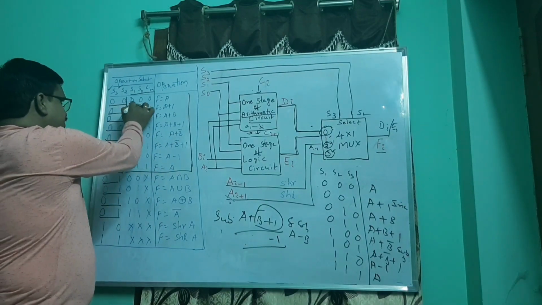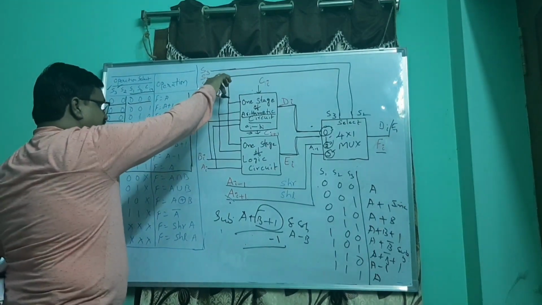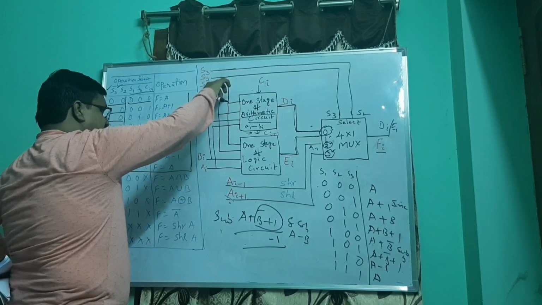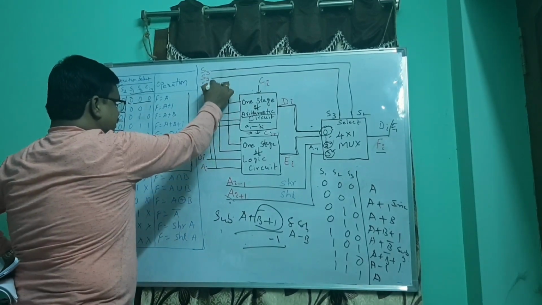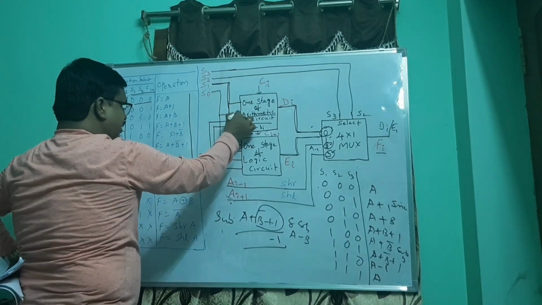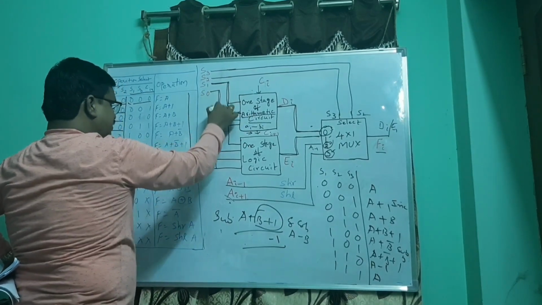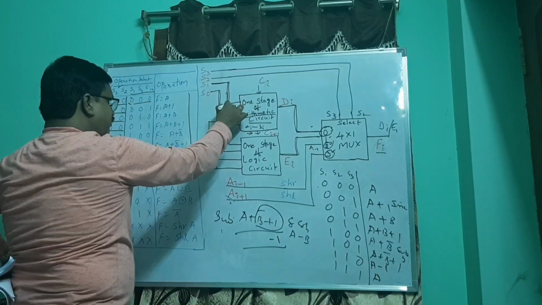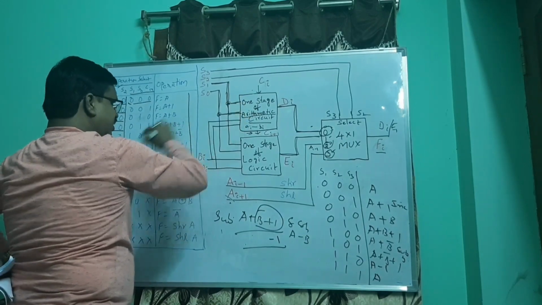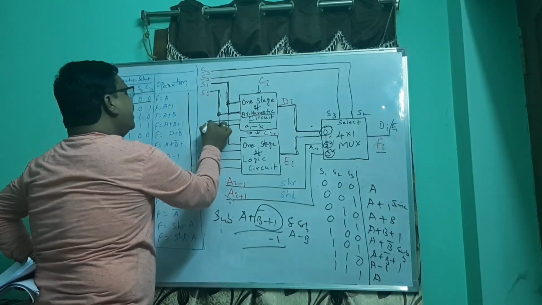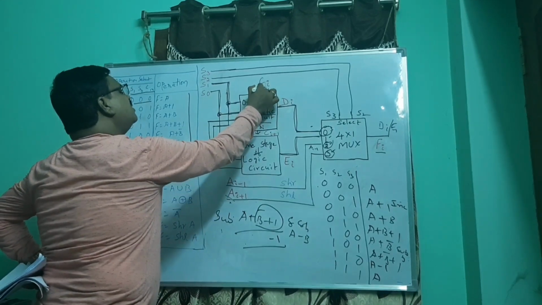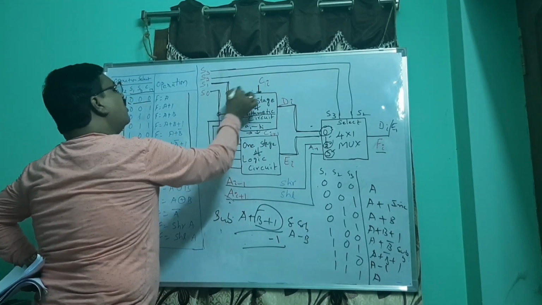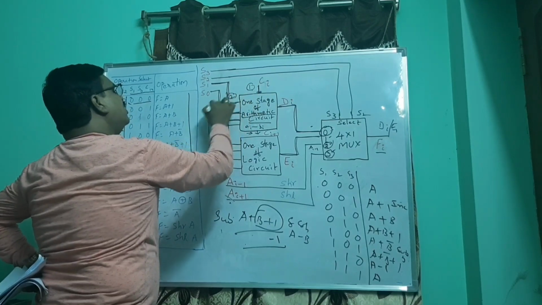So when these three are 0 0 0, you can see here S1 and S0 are zeros. What is going to happen? So this S1 is given here, and then S0. Two inputs are there, and here the remaining is one input. So totally 1, 2, 3.